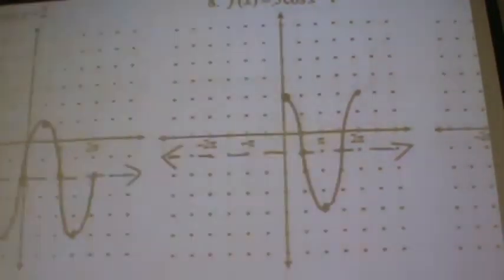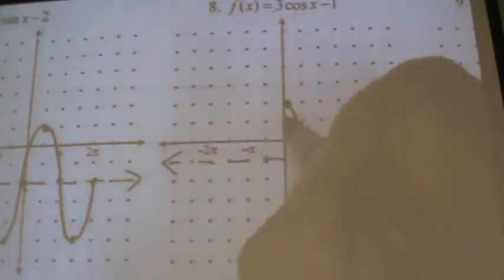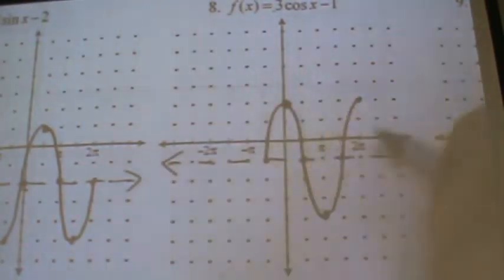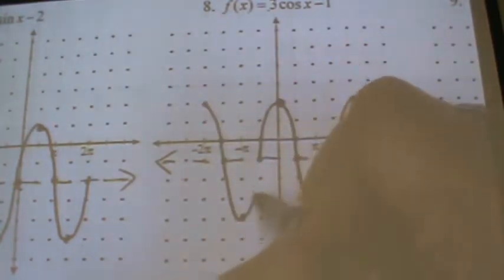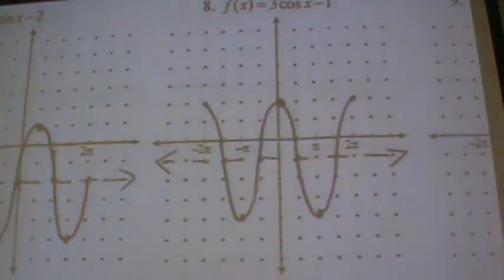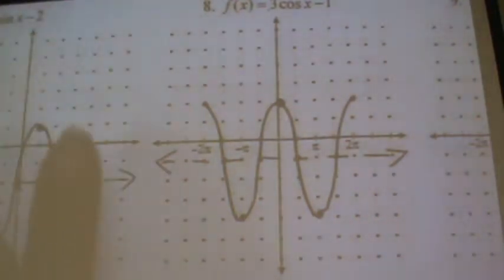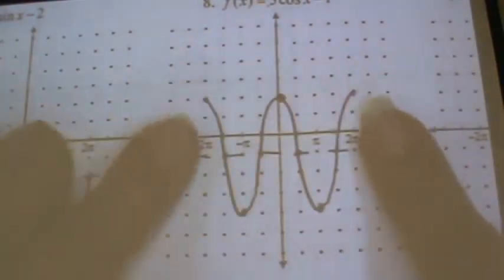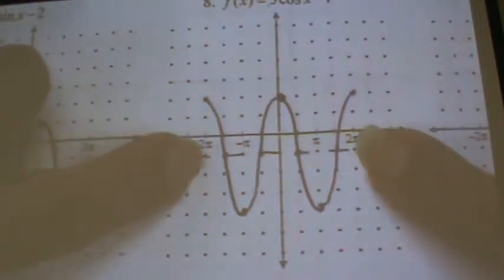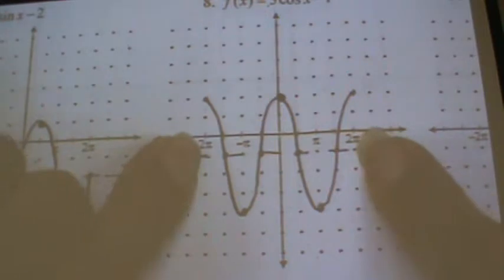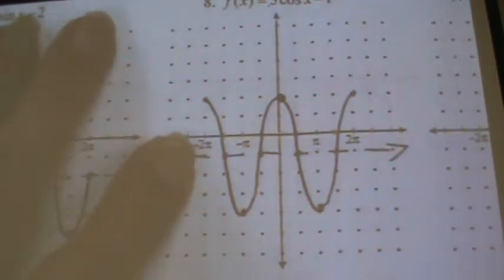That's 1 full period, and then go the other way. In the directions, it says graph from negative 2 pi to 2 pi. You want to follow the directions. We're following the directions. We started here, actually, and stopped right there. So that's 2 full periods.